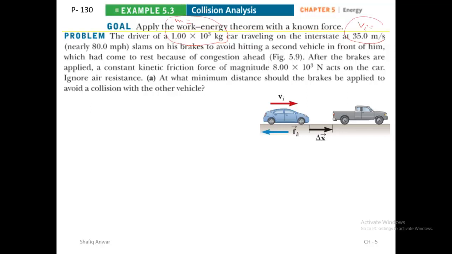So once you are driving on the highway, you see suddenly that there is traffic jam, for example, and you have to apply brakes on your car. So you are driving at 35 meter per second. This is the mass of your car, and you don't need to hit that car, okay, which had come to rest because of the congestion ahead.